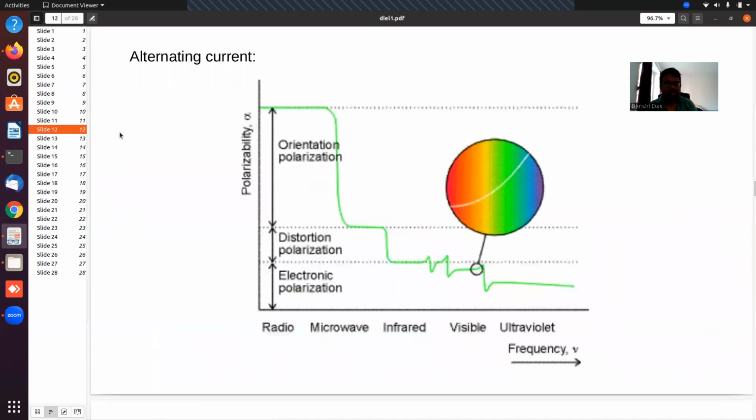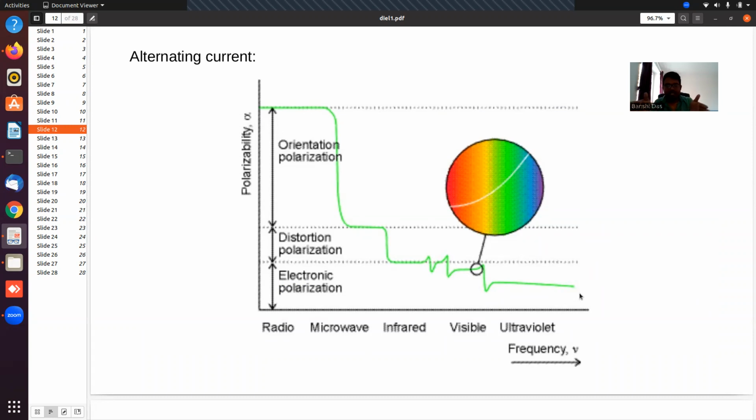So that is indeed the case. Here this is the orientation polarization in the radio frequency region, this is the distortion polarization, and at very high, ultraviolet frequency, this is the response due to the electronic polarization, the electron-only response.